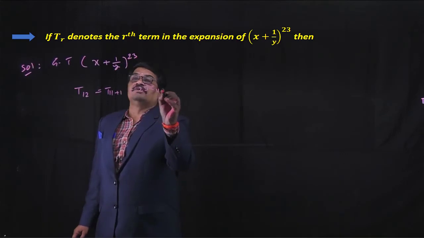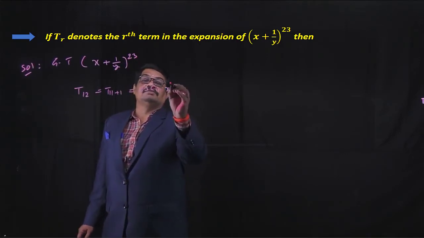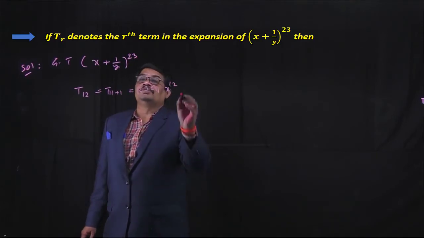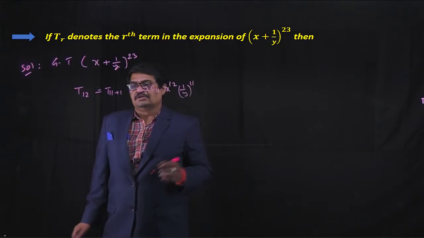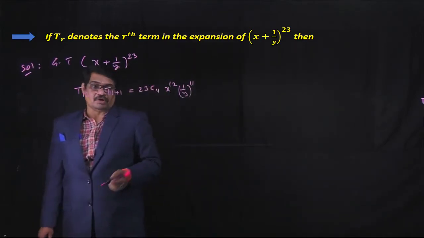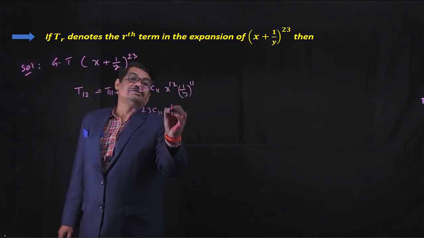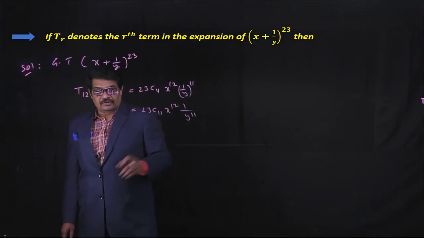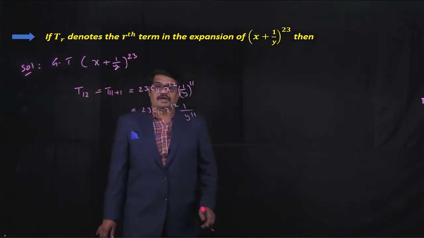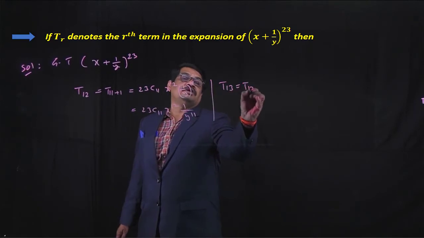We are writing 23C11 x to the power of 23 minus 11, that is 12, into (1/y) to the power of 11, that is T12. So that is 23C11 x^12 into 1/y^11. Now we are writing T13. What is T13?